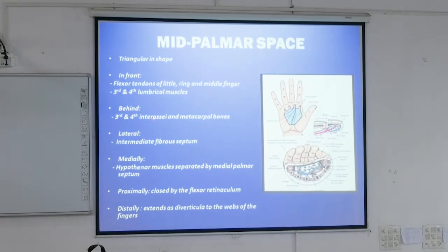Behind, third and fourth interossei and metacarpal bones. Laterally intermediate fibrous septum. Medially hypothenar muscles separated by medial palmar septum. Proximally closed by the flexor retinaculum. And distally extends as diverticula to the webs of the fingers.